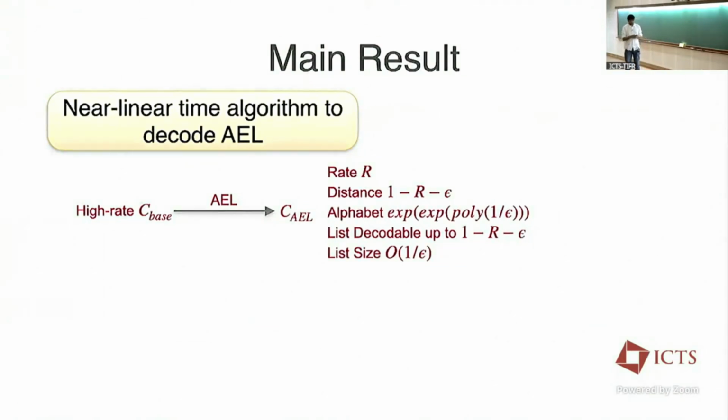So this is roughly what Madhur talked about, that you can adapt the AEL construction so that it's list decodable up to 1 minus r minus epsilon with list size order 1 over epsilon. And the new contribution is that there's also a decoding algorithm that runs in near linear time. Okay.